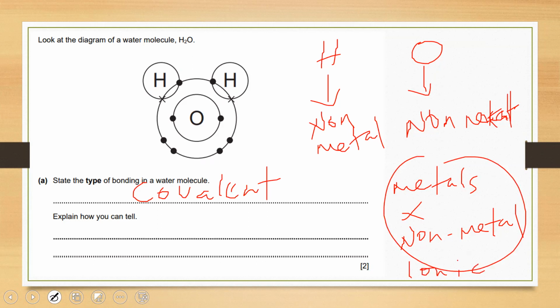Ionic bonding involves transfer of electrons, but covalent bonding involves sharing of electrons. So when we say sharing, hydrogen and oxygen are sharing electrons. Here as well, you can see hydrogen and oxygen sharing a pair of electrons. So if they say explain how, like being asked to describe, I cannot say it's between non-metal and non-metal.